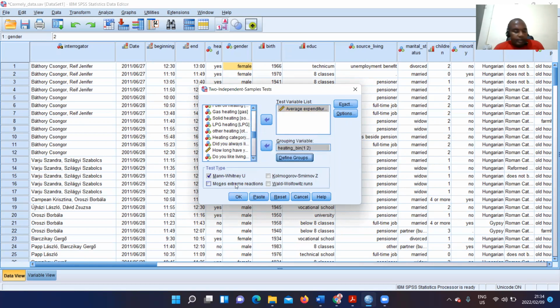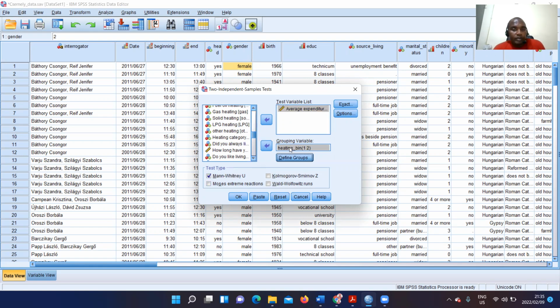And then the test that we are going to run here is the Mann Whitney U test. There is also the Kolmogorov Smirnov Z test, the most extreme reactions, and the Wald-Wolfowitz runs, but we are going to run the Mann Whitney U test, which is suitable for testing that hypothesis.